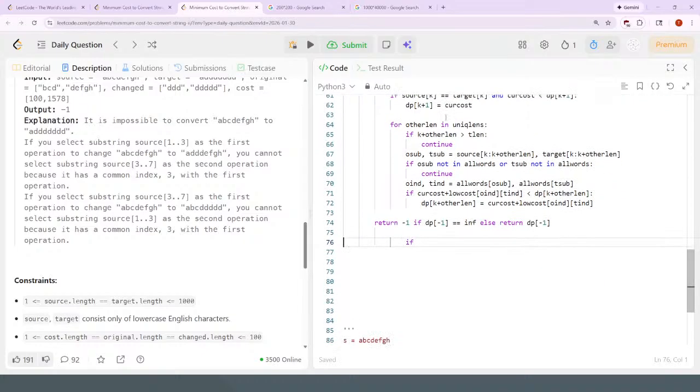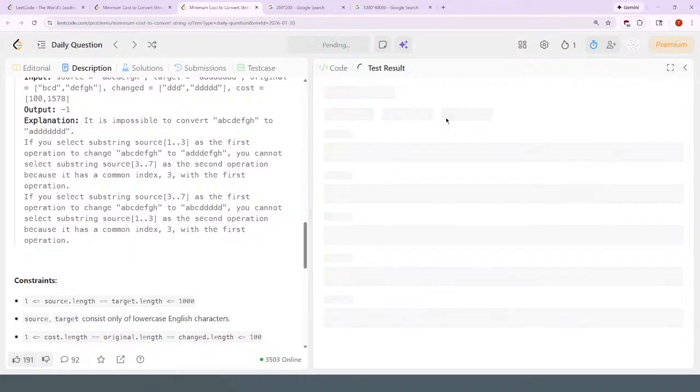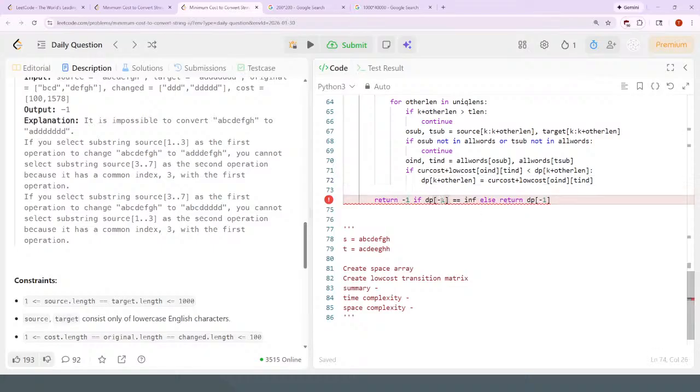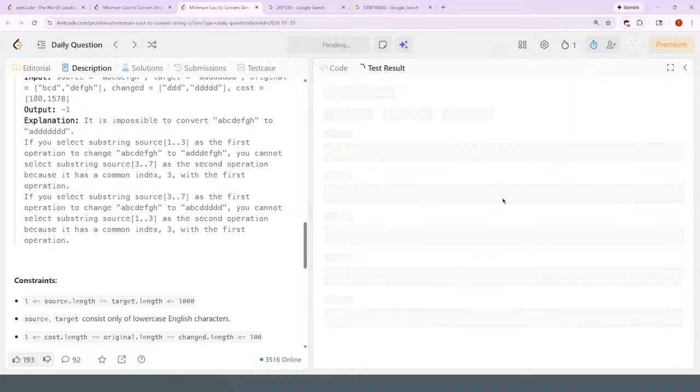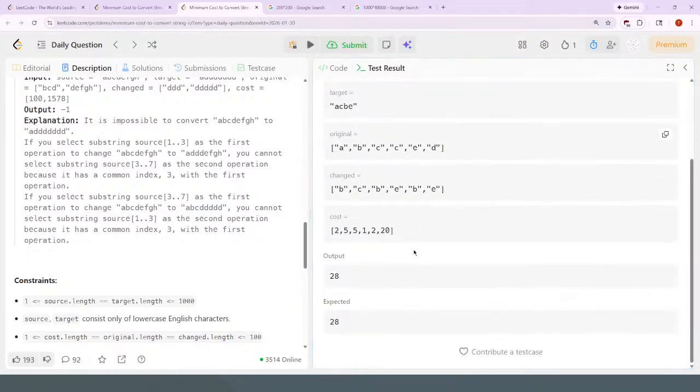Oh, hopefully this works. Hopefully it's not too slow, or doesn't crash. Return -1 if dp, oops, else just me. Hallelujah.